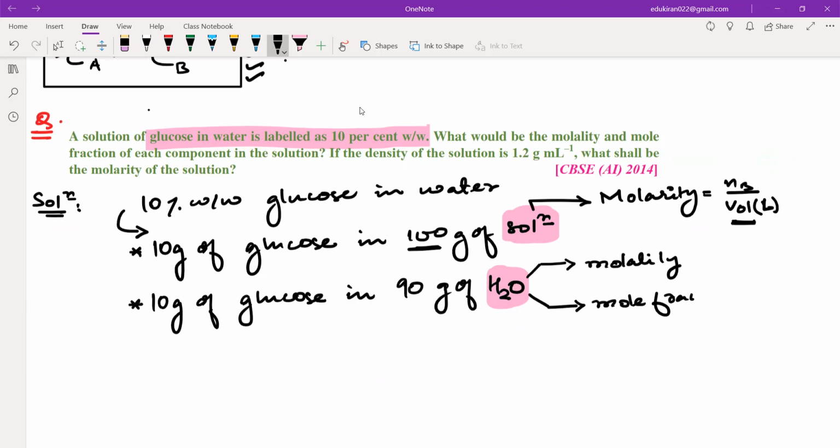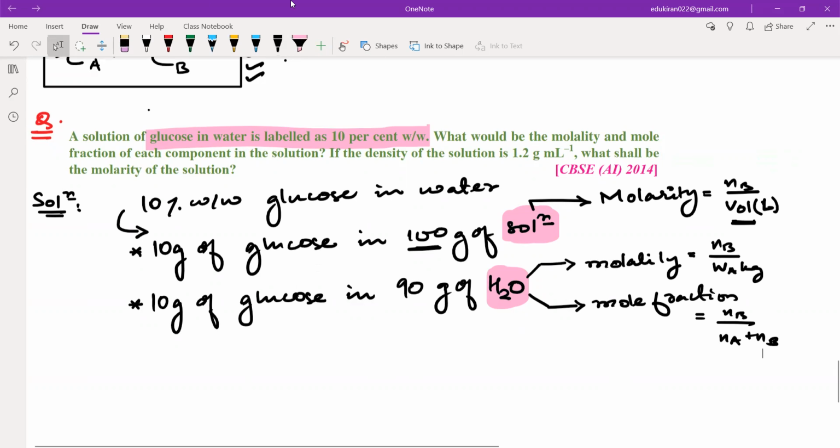Why? Molality is equal to the number of moles of solute divided by the mass of solvent in kg, and mole fraction is equal to the number of moles of solute divided by number of moles of A plus number of moles of B. In both of these equations, you can easily see that they talk about solute and solvent individually. Can all of you say this? Yes or no? Please tell me.